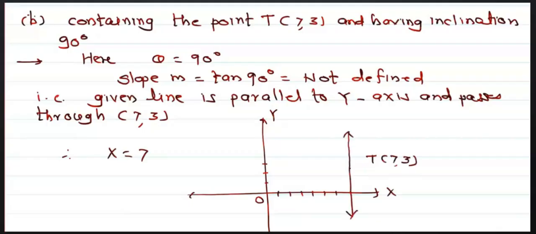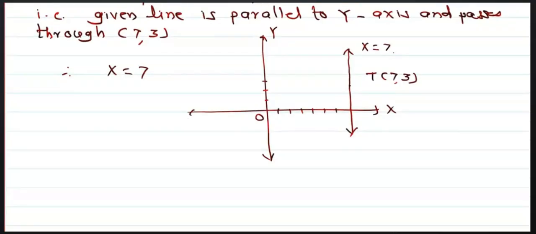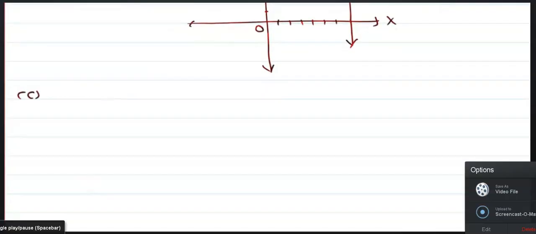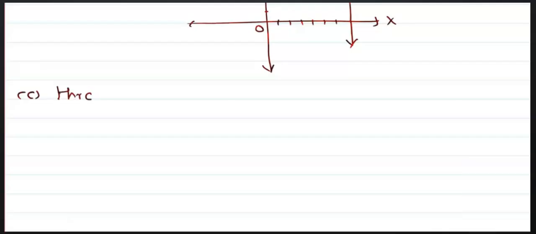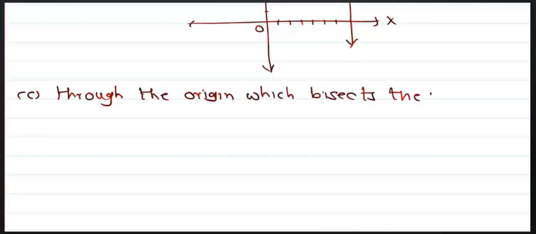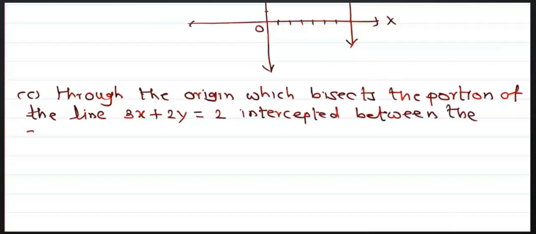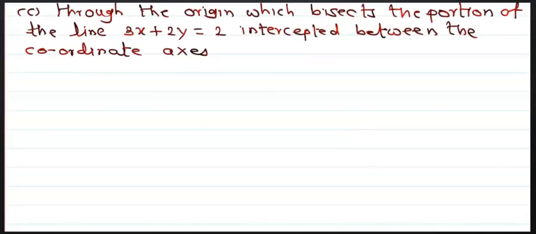Seven, 3. Now the point C: the line passing through the origin which bisects the portion of the line 3x plus 2y is equal to 2 intercepted between the coordinate axes.